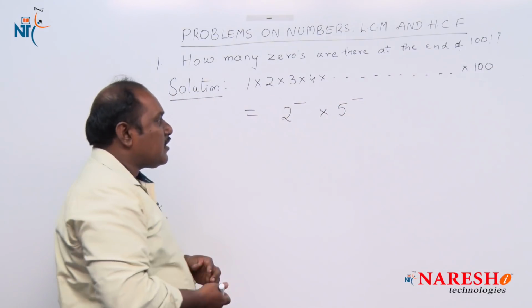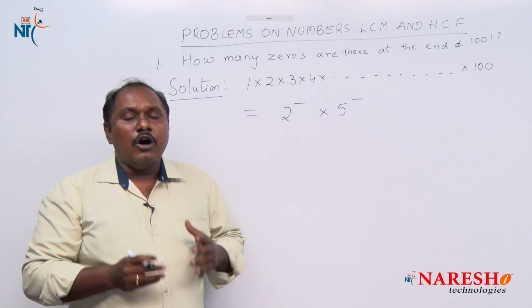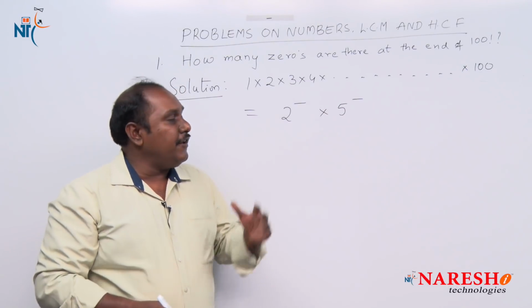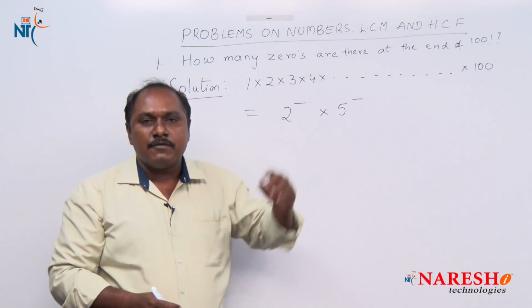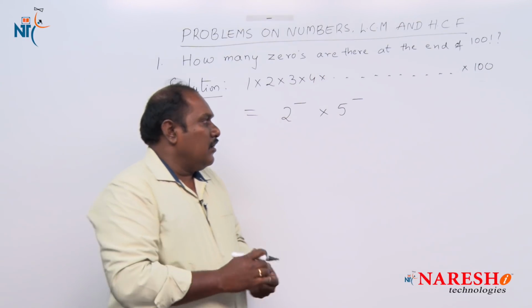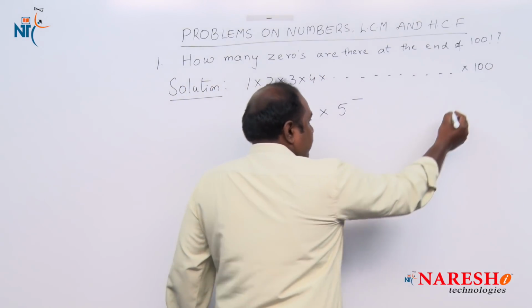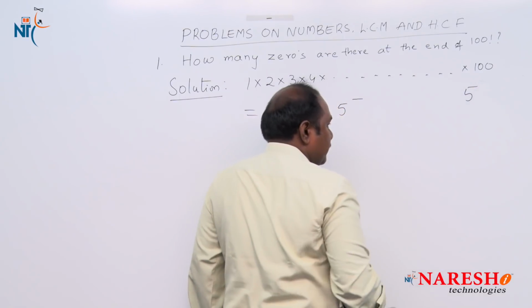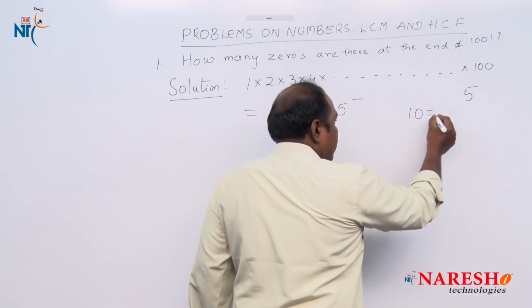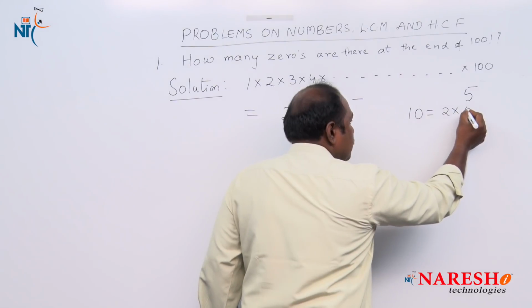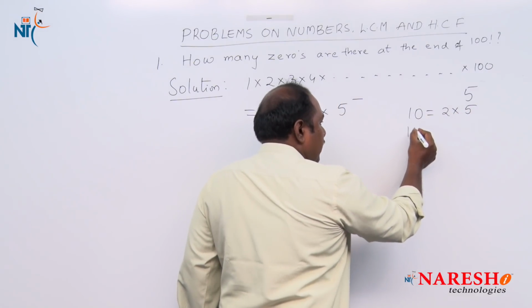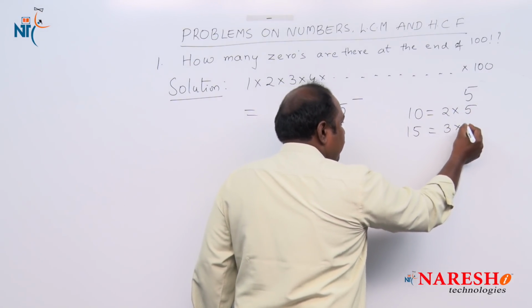Now first of all, let us try to find out how many 5s we get if we prime factorize all the numbers from 1 to 100. Now definitely, from where do you get 5s? You get a 5 from 5, you get a 5 from 10. If I prime factorize 10, it is 2 into 5. You get a 5 from 15, which is 3 into 5.